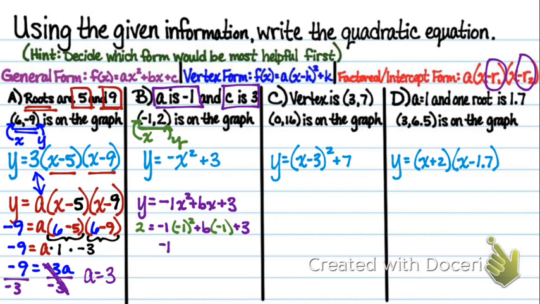Positive 1. So I have negative 1 times positive 1. When I multiply these two together, I get minus b plus 3. Yep, 2 on the other side. What is negative 1 times 1? Negative 1. Yeah, negative 1 minus b plus 3.